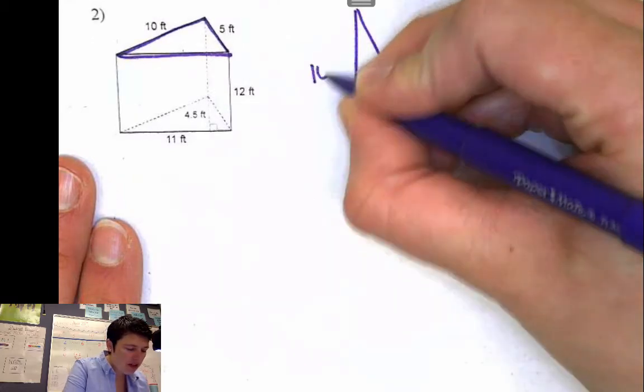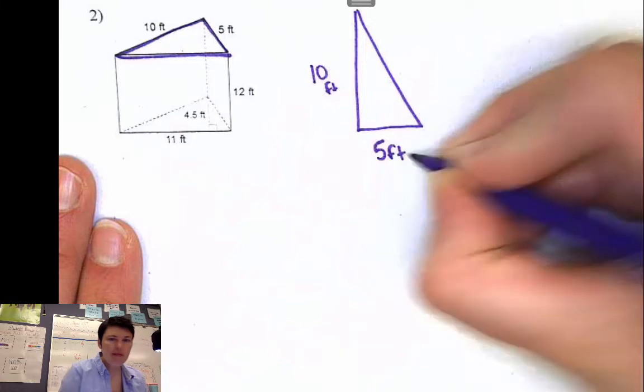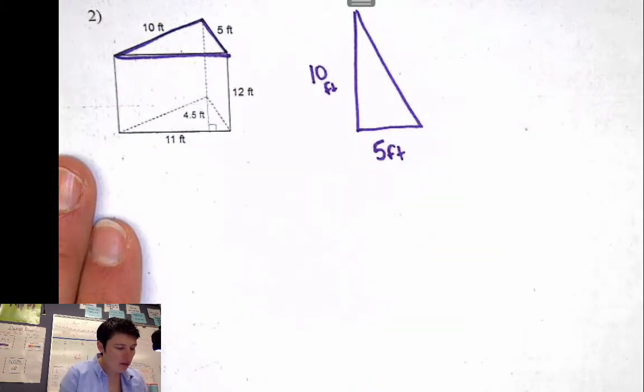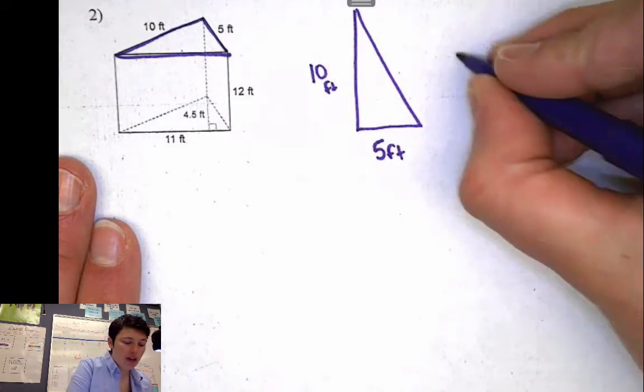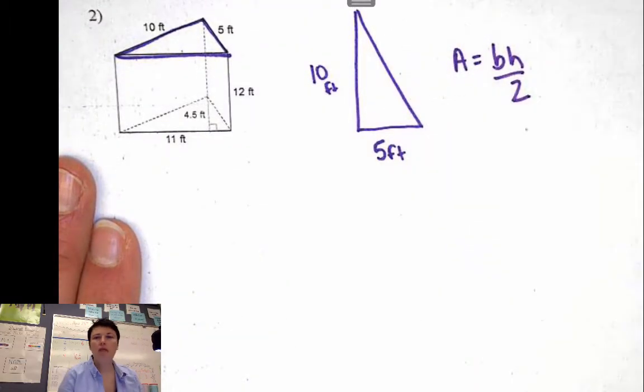So this is 10 feet and 5 feet. And we're going with the assumption here that we need to figure out the area of this thing. So we know to find the area of a triangle, we need base times height divided by 2. So our job is to figure out what's the base and what's the height.